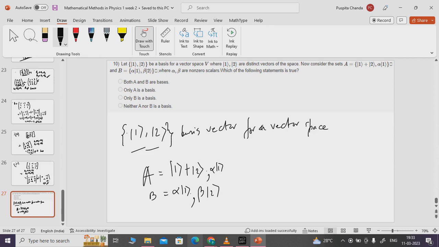Which of the following statements are true? Both A and B are bases, only A is a basis, only B is a basis, or neither A nor B is a basis.